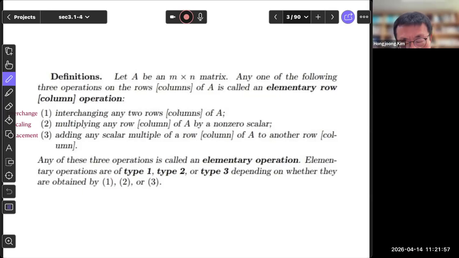Given two rows of A, sometimes I will interchange these two rows. Or sometimes I will multiply a non-zero number to a certain row. Or I multiply a certain number to some row and then add it to another row.